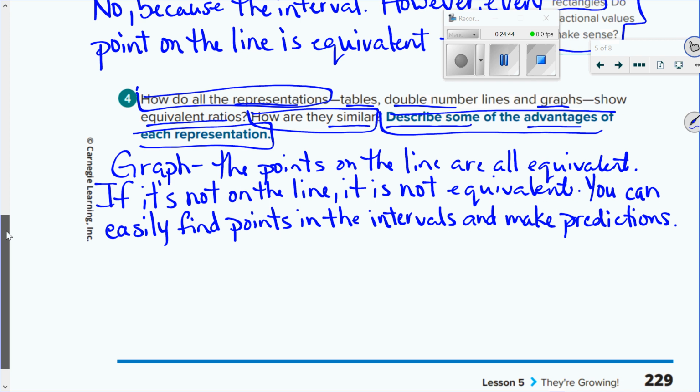Okay. The second one we looked at was tables. How do the tables show the equivalent ratios, guys? That's it. The number on top compared to the number on bottom.